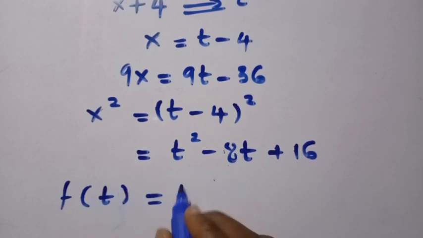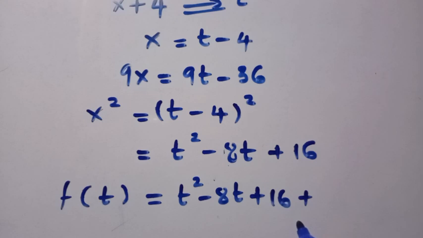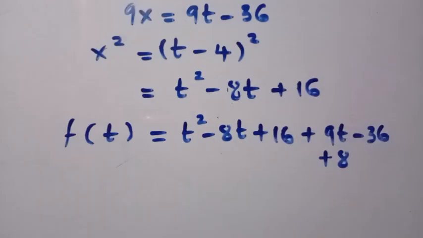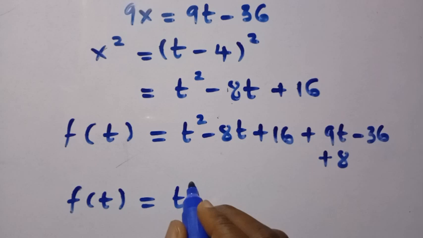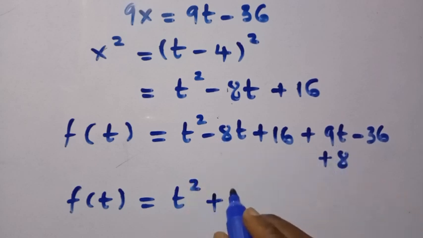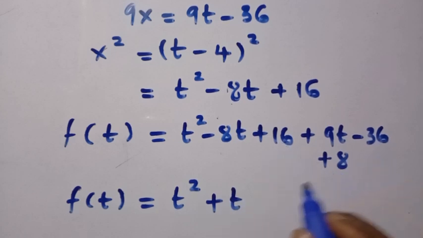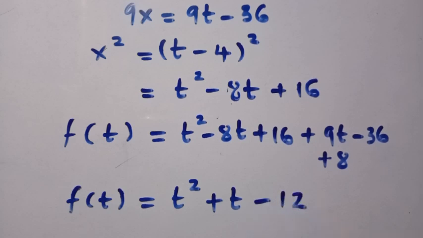Our x squared now is t squared minus 8t plus 16, plus our 9x, which is now 9t minus 36, then plus 8. Here we have f of t equals t squared, then minus 8t plus 9t gives us plus t. And also 16 minus 36 plus 8 gives us minus 12.